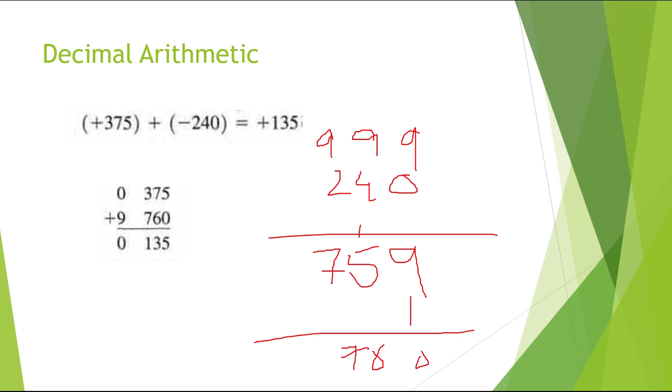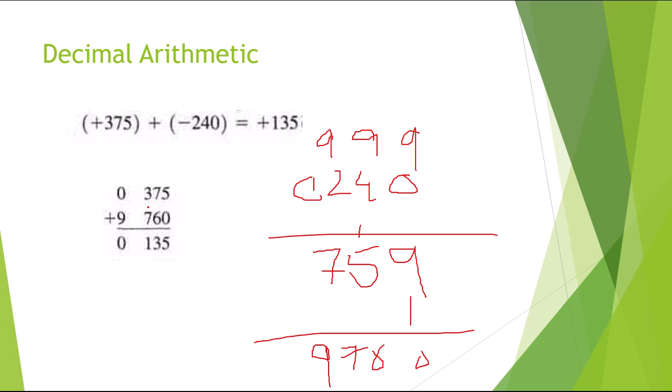Because it's a negative number, we are doing sign's complement, so we'll take another bit here, which will be the sign bit, that is 9. So we have 9760, that's the 10's complement of this number, and then we'll add it.